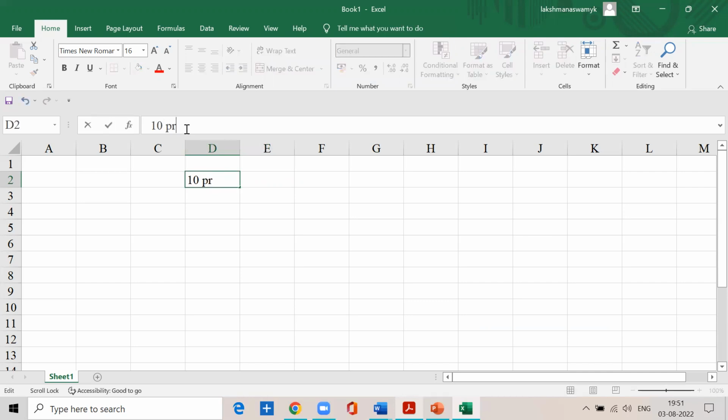Then we are using 25 raw materials in your production process. Then we are using some 5 numbers of stores and spares.